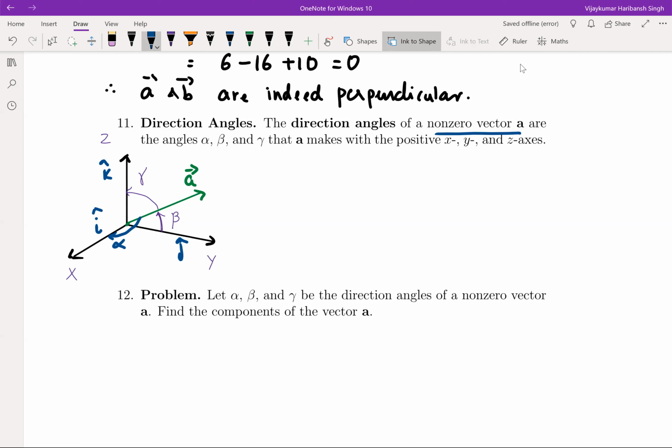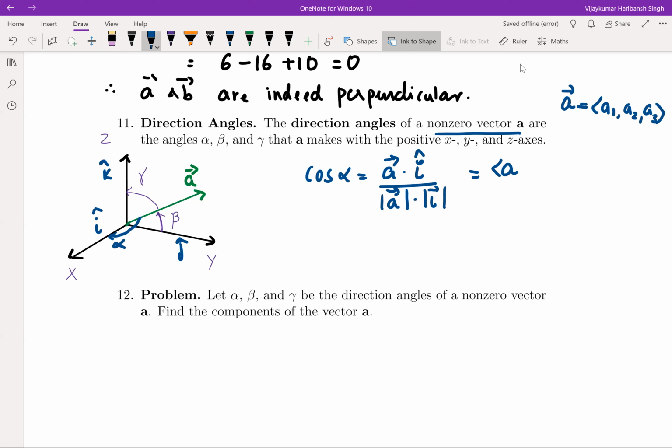So the alpha angle. So we have cos alpha using the dot product is going to be a dot i divided by length of a times length of i. So that is going to be essentially, if you have vector a as a1, a2, a3, then this is going to be a1, a2, a3.